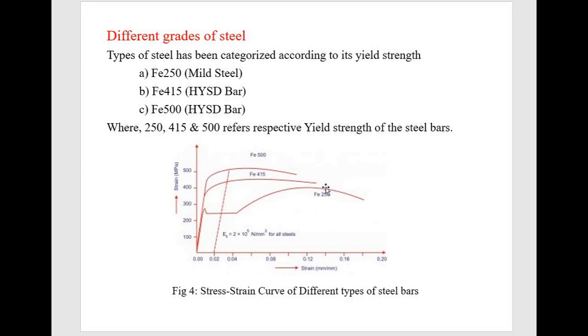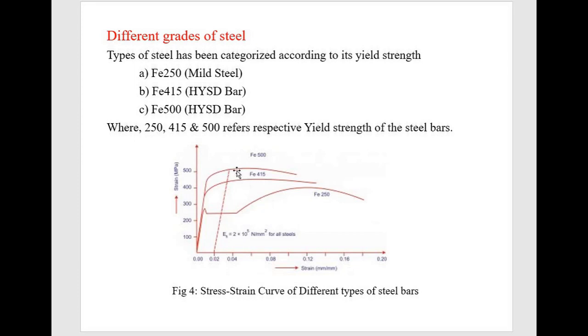This curve is for mild steel Fe 250. We have already conducted a test in the BMT lab, and this is how the stress strain curve will be. This is not a new thing for you, so we are familiar with it.